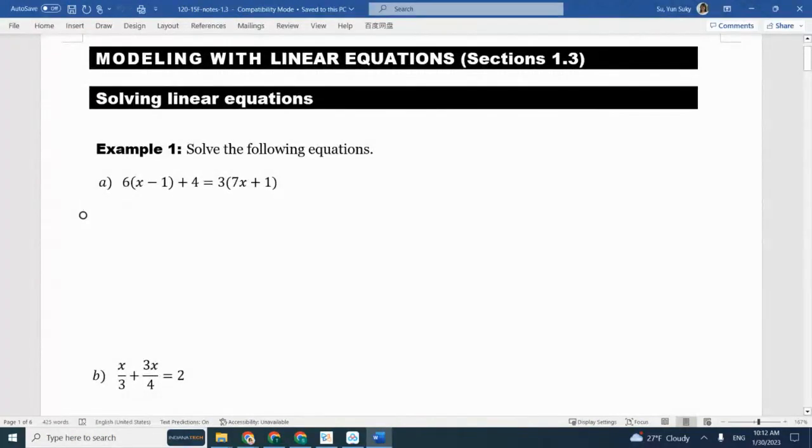All right. So our course is applied algebra. We learn the theory about algebra, and then we learn applications. First, solving linear equations. Solve the following equations. There are many different ways to solve equations. You might have learned that before, and your teacher might use different ways than I do.